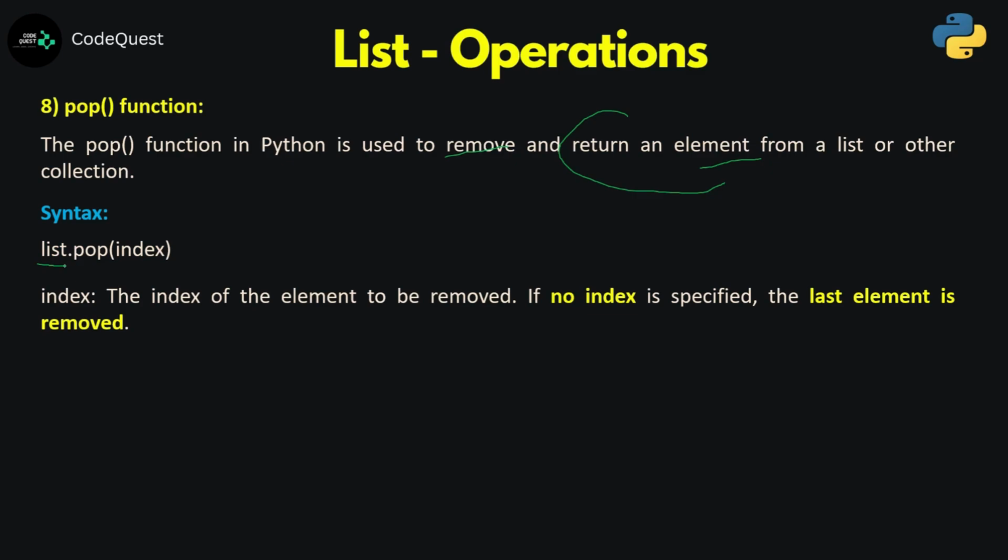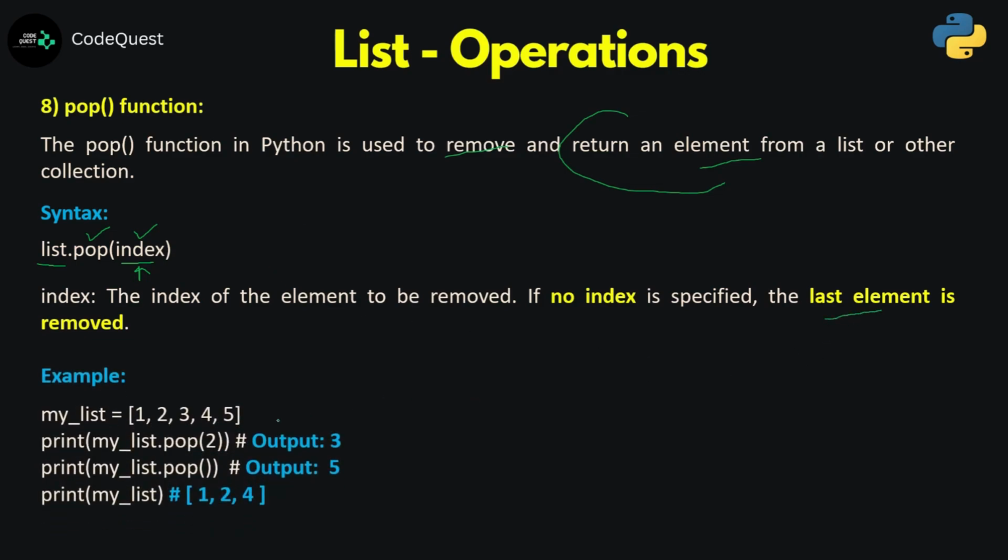Say this is a list on which we are applying the pop function, and I am going to specify an index here. At this index, whichever element is available in the list, that element will be removed. If I do not pass any index, by default, the last element will be removed from the list.